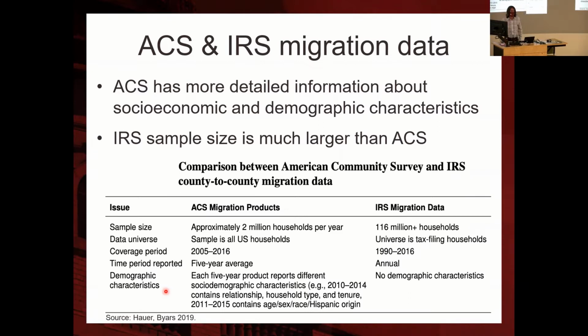ACS and IRS data. ACS has more detailed information about socioeconomic and demographic characteristics of the population. So we know the relationship of each person with the head of the household. We know the household type, if the household is rented or if it's owned.